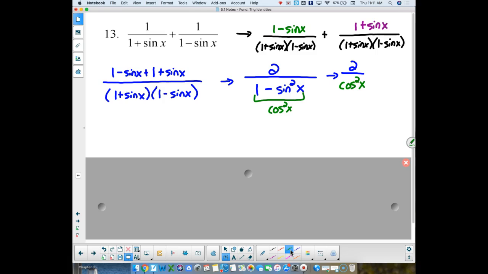Which is what? In a nice, pretty way, how can I write 2 over cosine squared of x? Nope, I can write it even prettier. 2 secant squared of x.